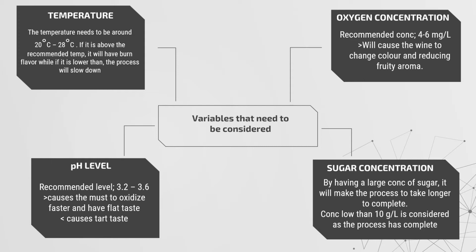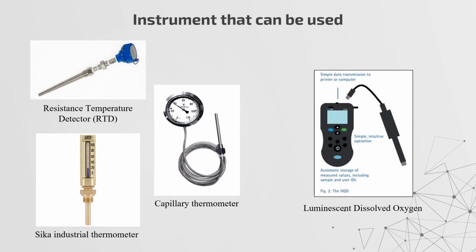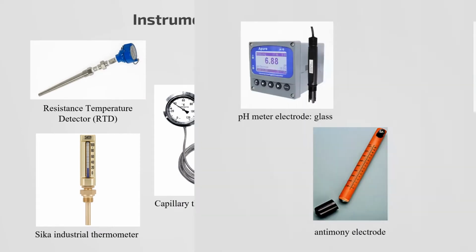And lastly, for the sugar concentration, having a large concentration of sugar will make the process take longer to complete. The process is considered complete if the concentration is lower than 10 grams per liter. All of these figures show the instruments that can be used for the variables stated before.